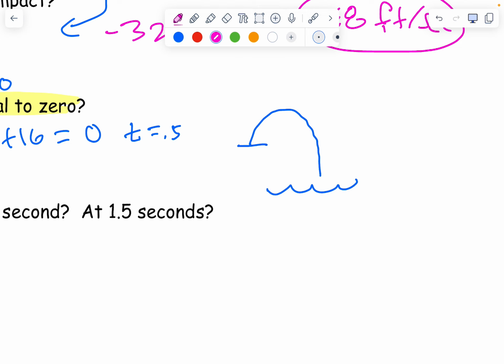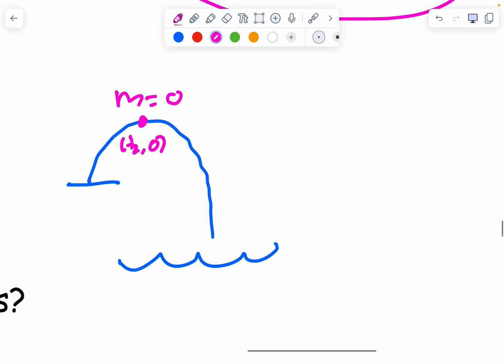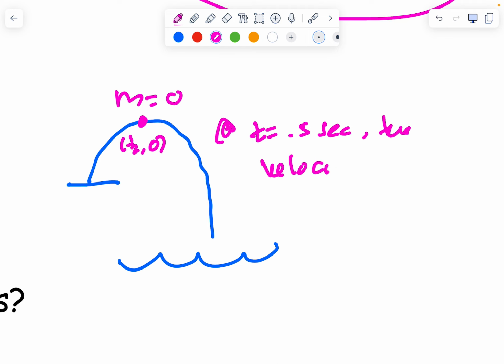The slope is 0 when it's changing directions, correct? So right up here, my slope is equal to 0 at a specific point, 1/2, comma 0. So here's what you're going to write to make sure this makes sense. At t equals 0.5 seconds, the velocity is 0.